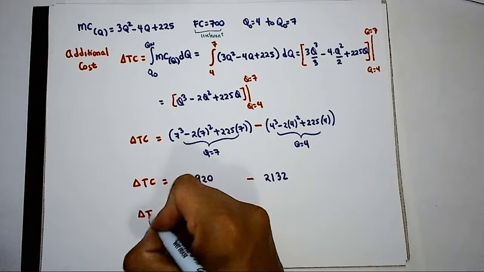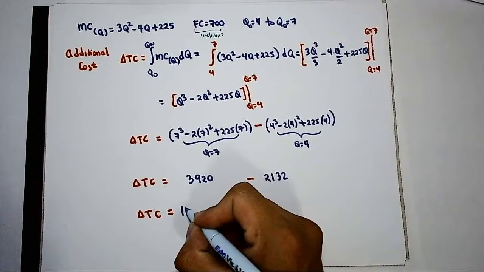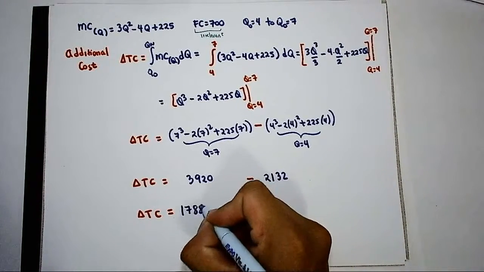This means that our increase in total cost is equal to, this means that our cost increased by 1788.